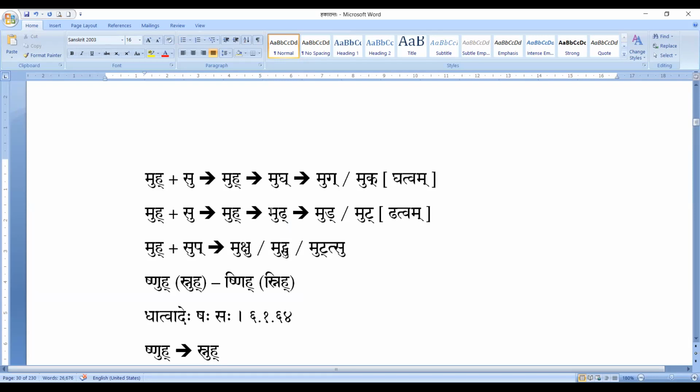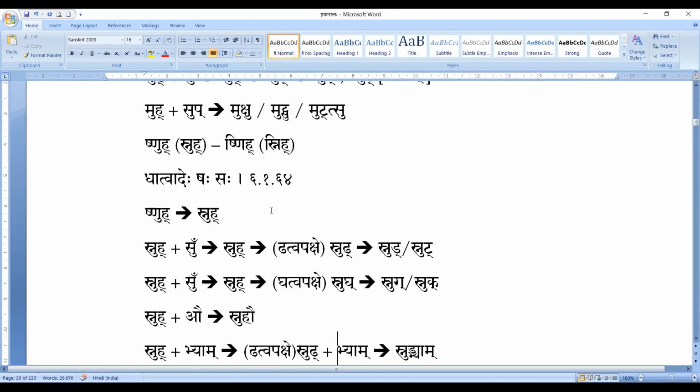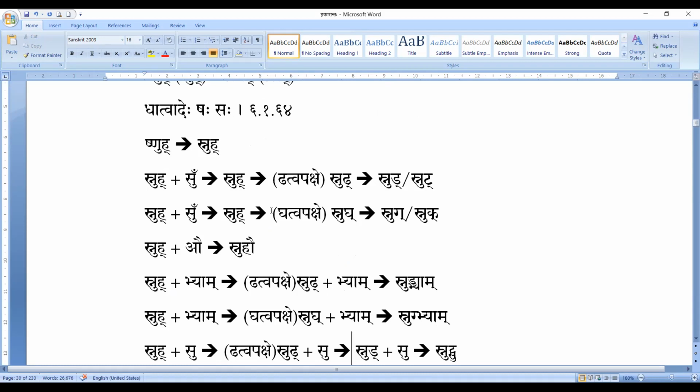Saptami Bhagavachanam, three forms will be there: mukshu, mutsu or mutsu. Similarly, shnuk and snik, you can try. I have given the forms, and I think in the last class itself I gave the forms. So with simple sandhi rules applying, you get this.